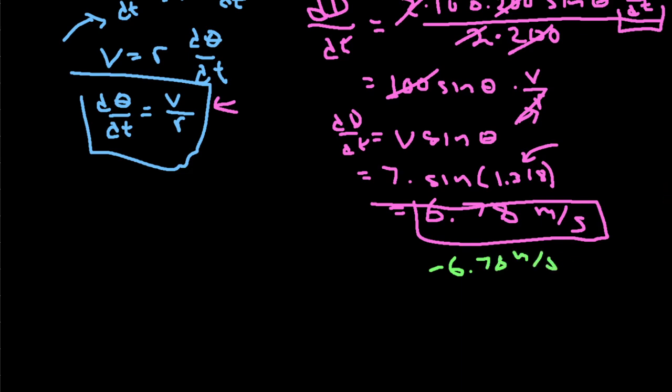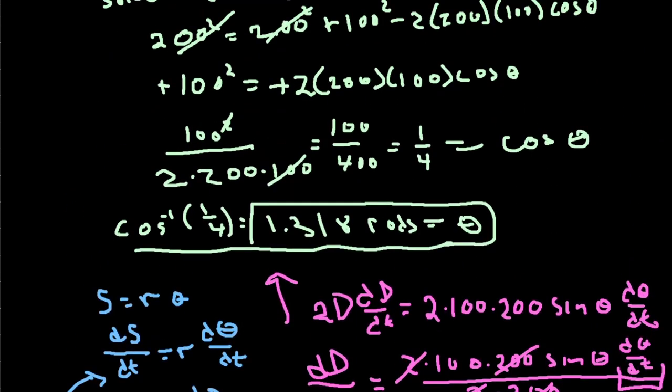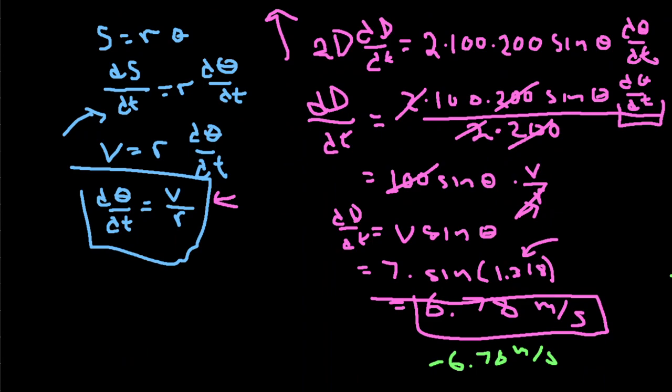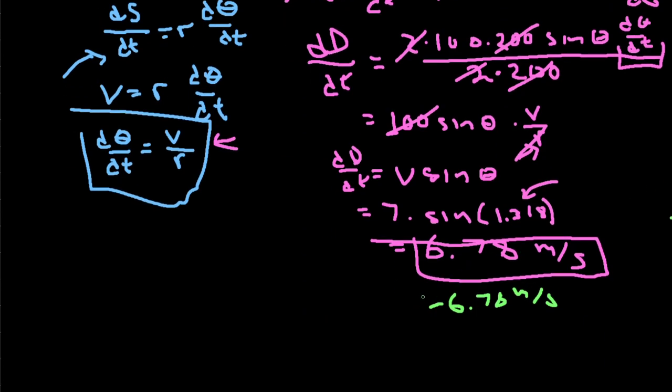And that makes a lot of sense, because if you're running around this circle at a constant rate, when you're approaching your friend, it's going to be a negative number because that distance is shortening. Whereas if you're running away from the friend, that distance is becoming greater. So that makes sense, because it's symmetric too, it'll be the same number and it'll be opposite signs.